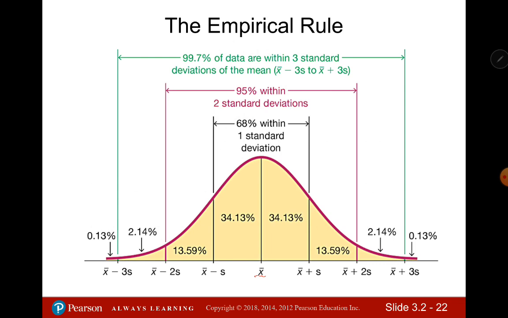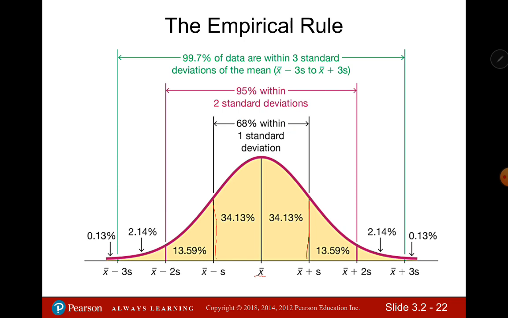Remember, it's the measure of center, our mean value. x bar minus 1s to x bar plus 1s means one standard deviation away from the mean. In this part, we approximately have 68% of the data.